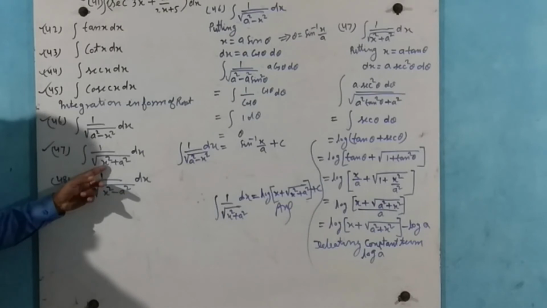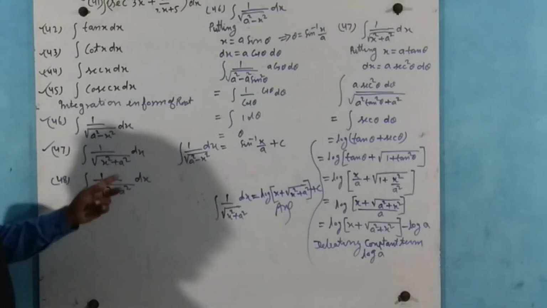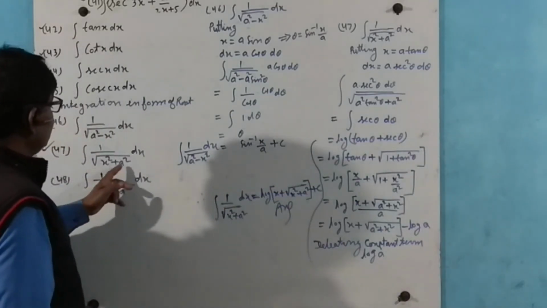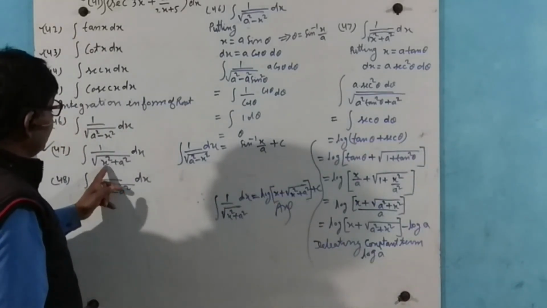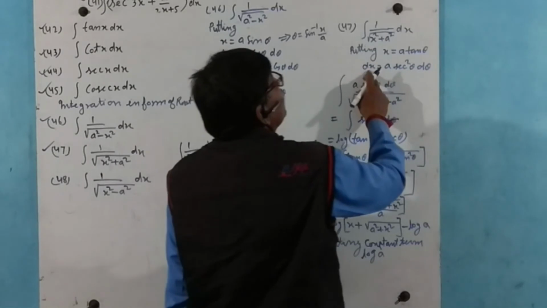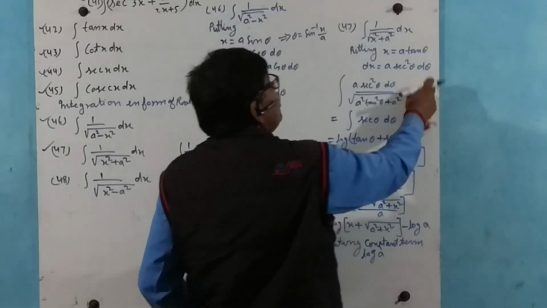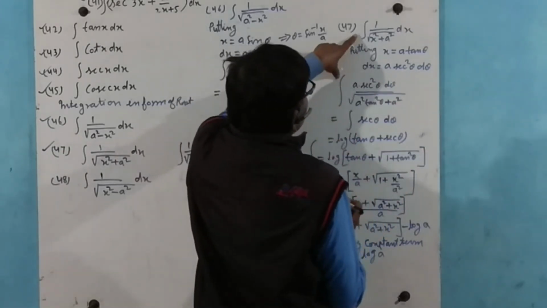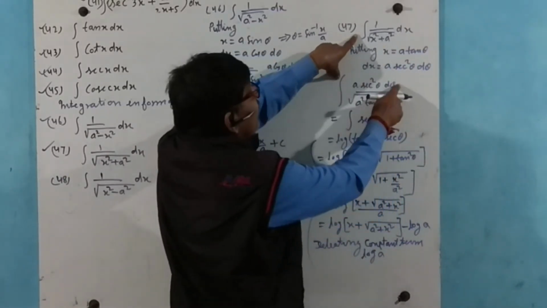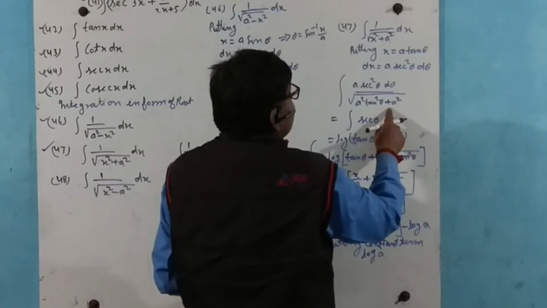In this case also we put x equal to a tan theta, as you know that 1 plus tan square theta equals sec square theta. Differentiating, dx equals a sec square theta d theta, divided by under root x square plus a square, that is a square tan square theta plus a square.